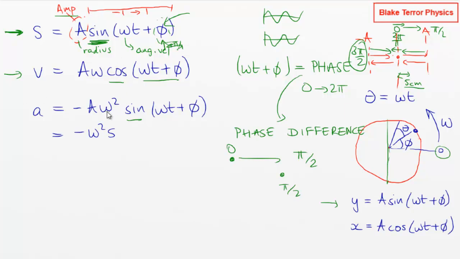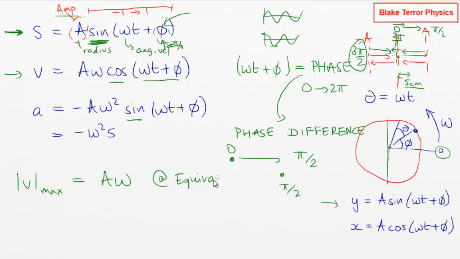If we're looking for maximum magnitude, so maximum speed, then we want cos to be plus or minus 1. So we've got a maximum velocity of A omega. And of course, that is going to occur for cos at 0, pi, 2 pi, etc. So it's telling us that we're getting maximum velocity at the equilibrium point, because that's when we're at 0, pi, 2 pi, and all the rest of them.